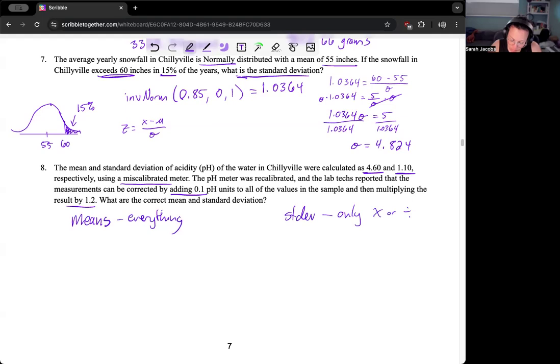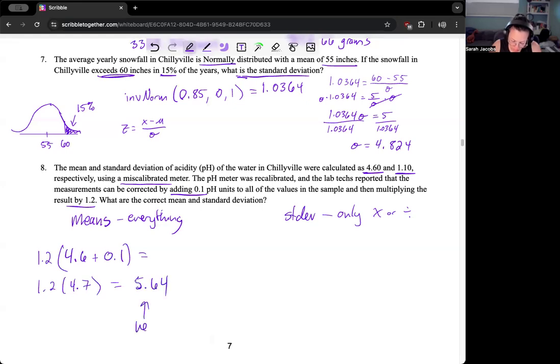Okay, so for the mean, we're going to do both of these things. So 4.0 plus 0.1, because it says this, and then multiplying the result by 1.2. So we're going to say 1.2 times 4.1, and the new mean is 5.64.